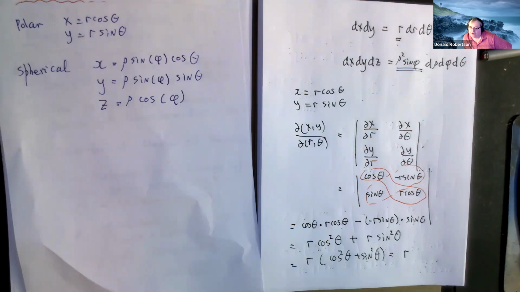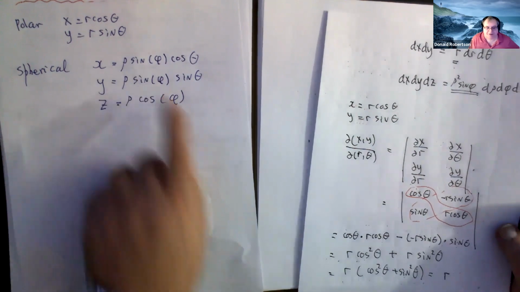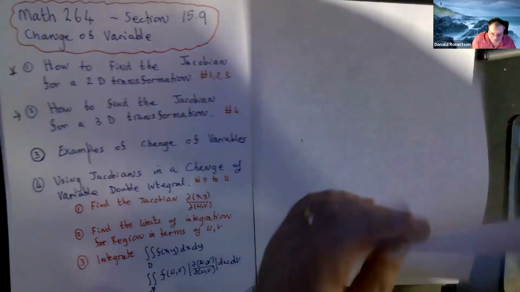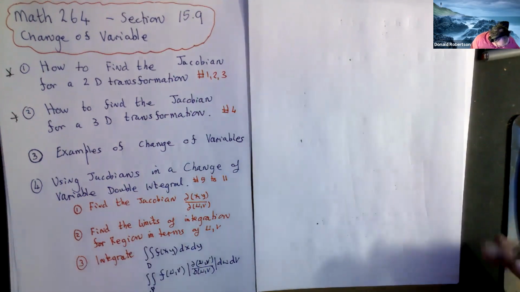Am I convincing you that these Jacobians are important to know because they're part of the change in variable process? Are we good? Cool. Good luck with that one, by the way. If you feel brave and you want to try it, it's actually quite fun if you get it right.